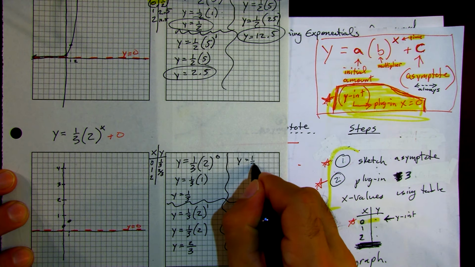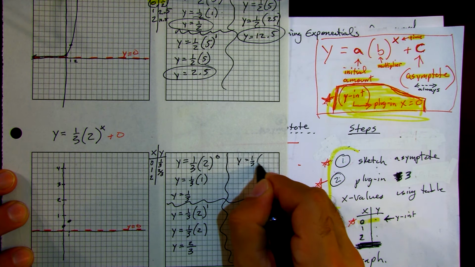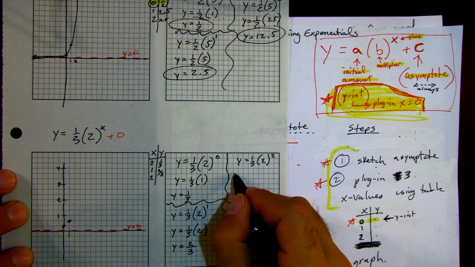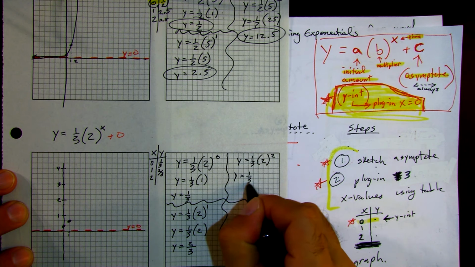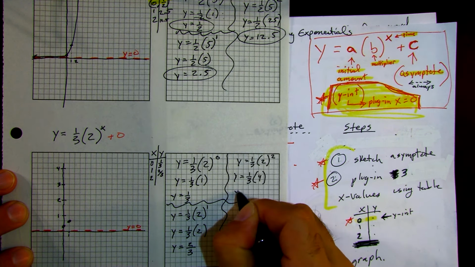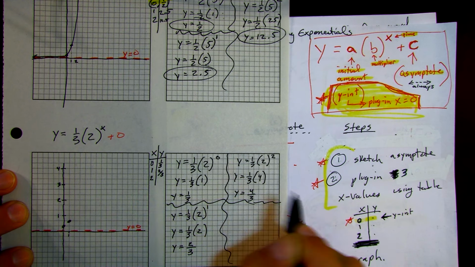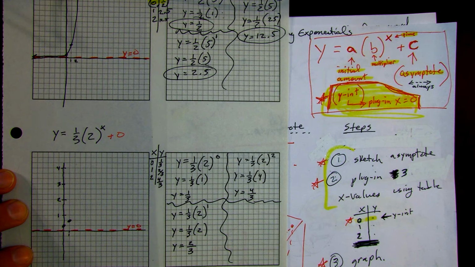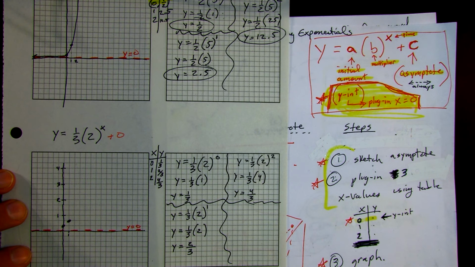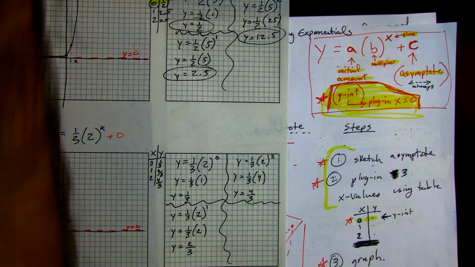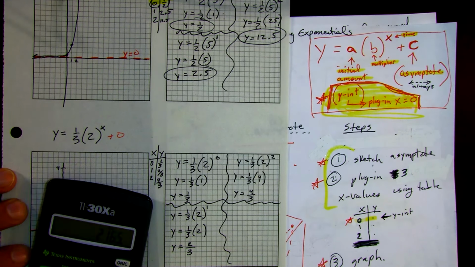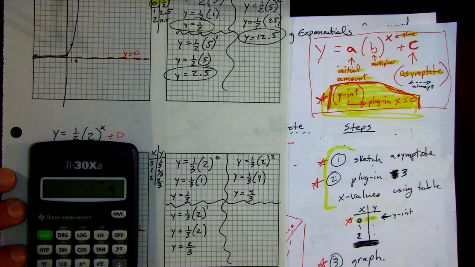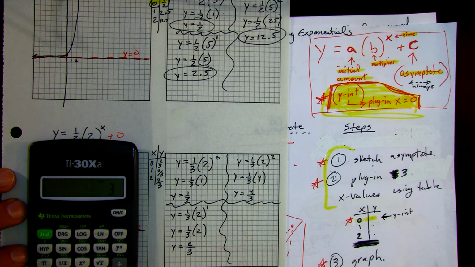Y is equal to 1/3 times 2 to the second power, 1/3 times 4, 4/3. So 4/3 is a little bit tricky. You could look on a calculator if you needed to. You're going to have a calculator accessible for this if you just need to start getting used to this.